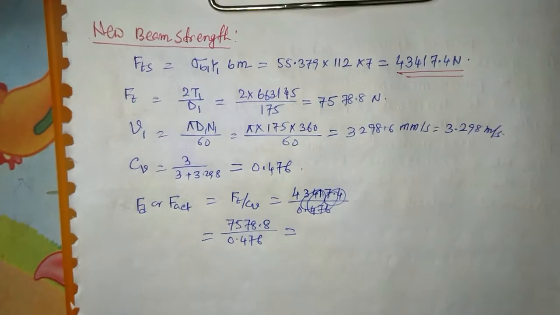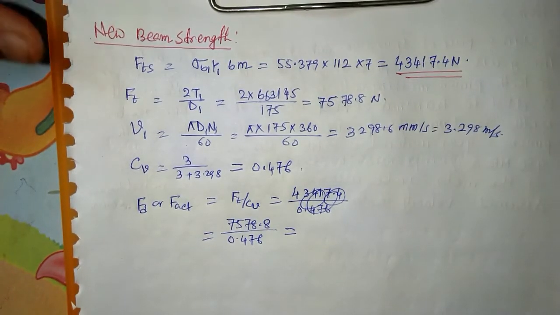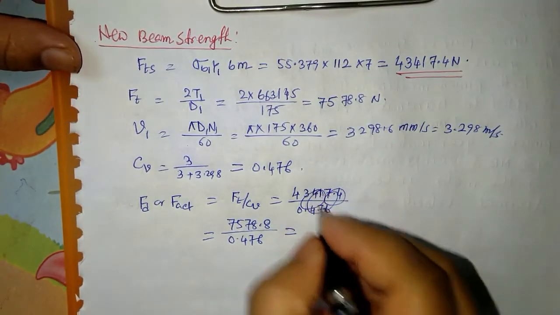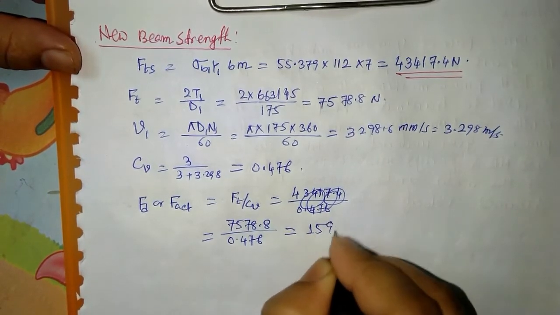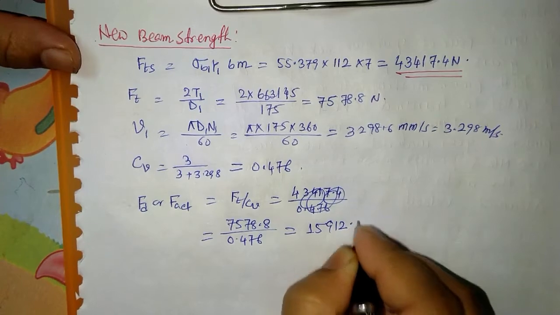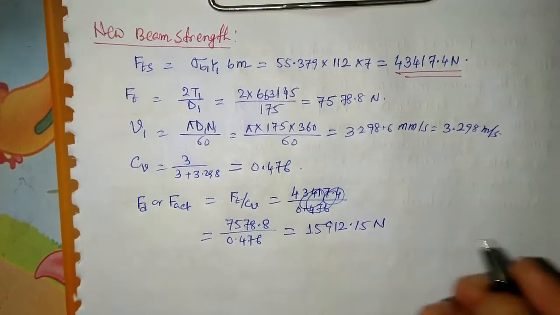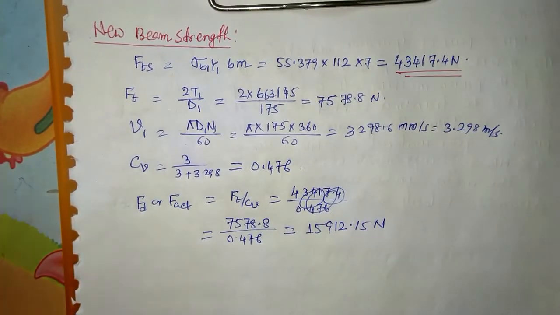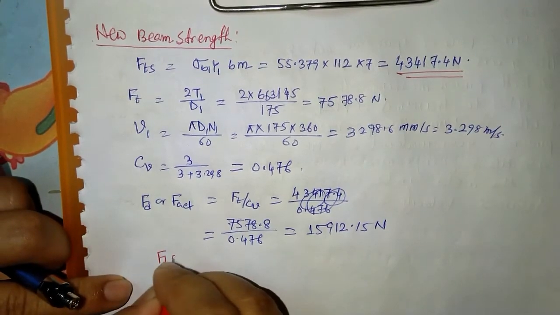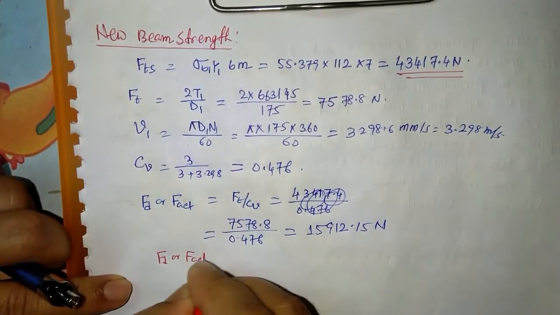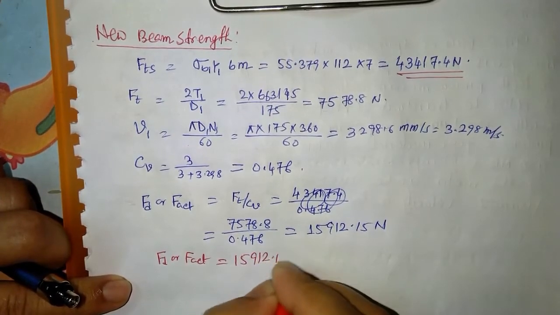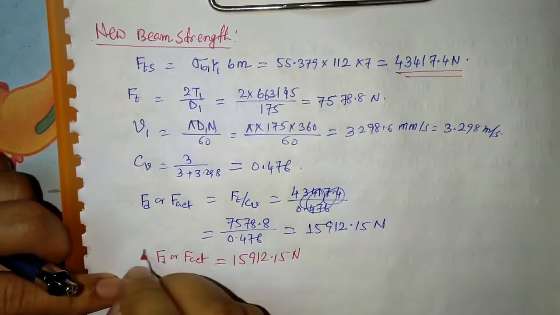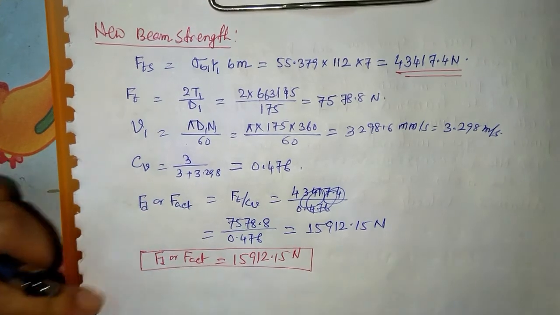Make the calculation. You will get that FD or F actual, and this is 15912.15 Newton. Okay, so this is our FD or F actual.